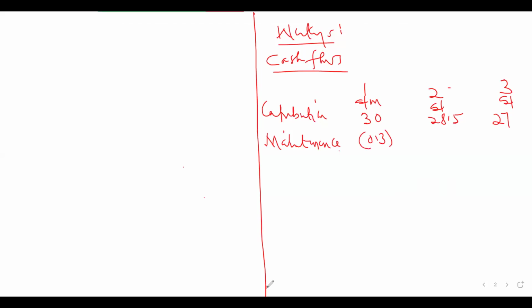Would that be 0.3 million? Please, can you hear me? Yes, 0.3 million. And the second year will be 0.35 million, isn't it? Yes, sir. The last year will be 0.45 million.